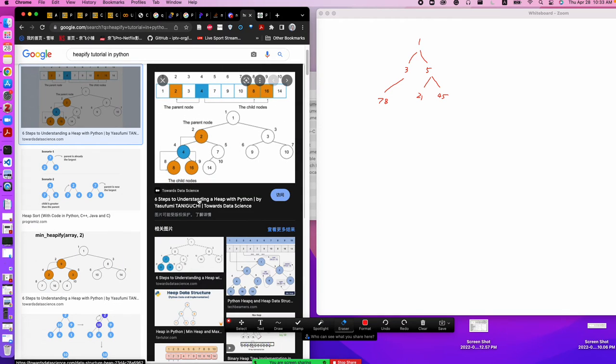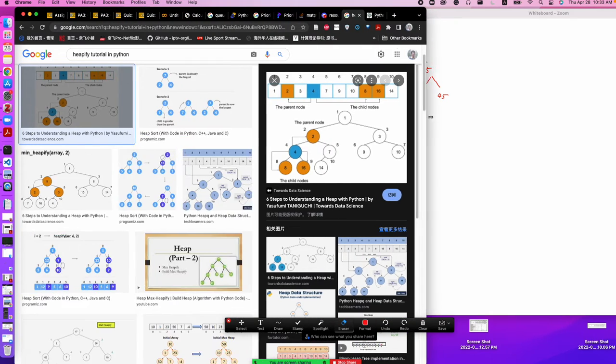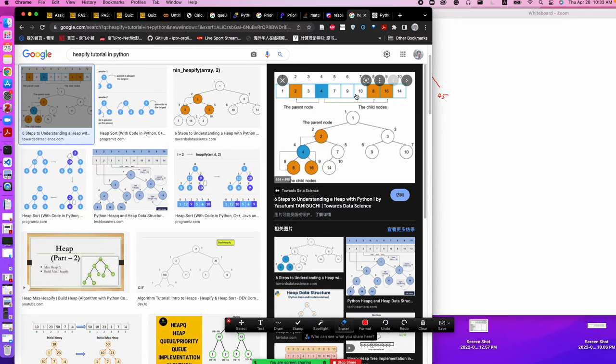What about this one? So the parent node is 1, and left and right are 2 and 3, and then for this level it is 4, 7, 9, 10, right? And the next one is 8, 6, 16, and 14. So by using this heapify, we can give this weighting factor to each element of this data structure.